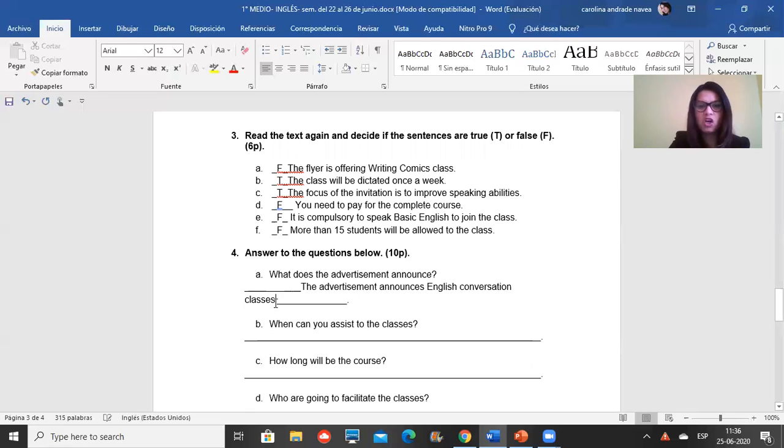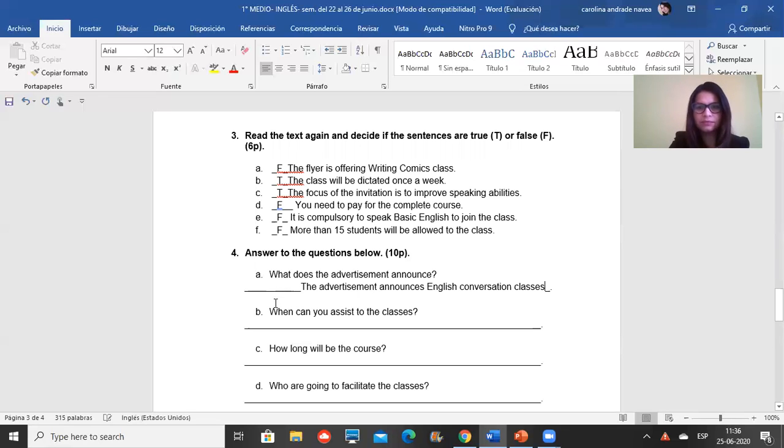And that's the long answer, okay? That's the correct one, guys. So if you write the short answer, you're gonna get 1 point. But if you answer the long answer right, you're gonna get 2 points. Remember, there are 2 points each question, okay? So try to write always the long answer, the complete answer.